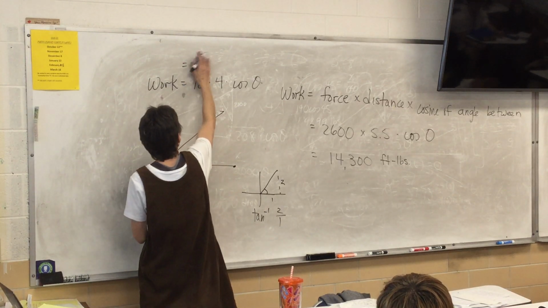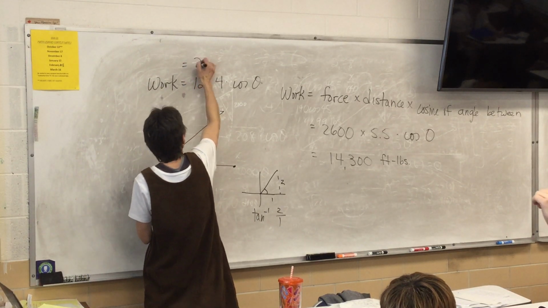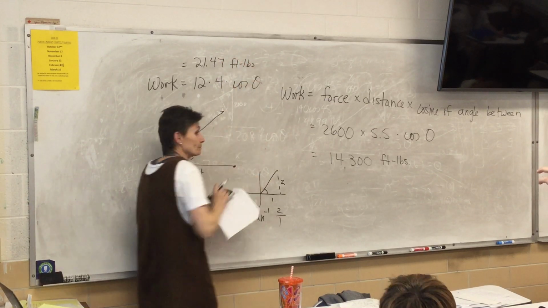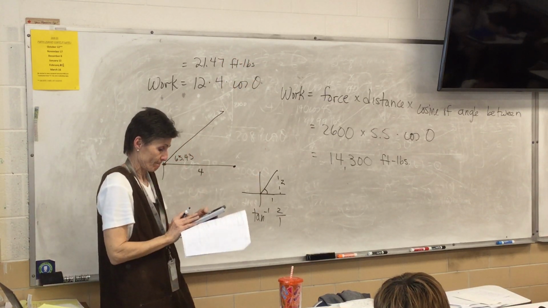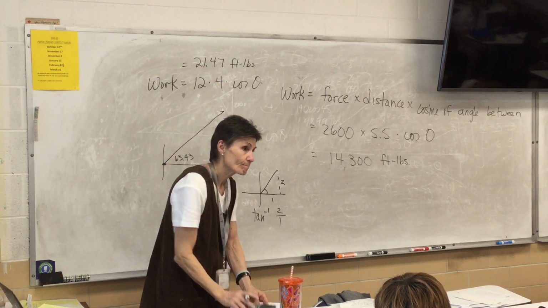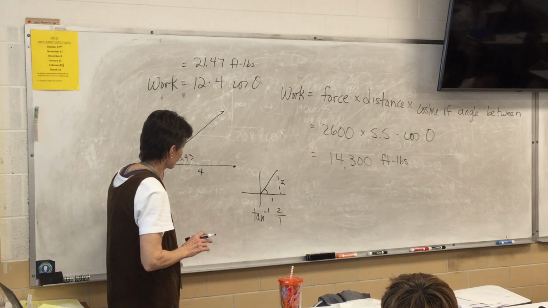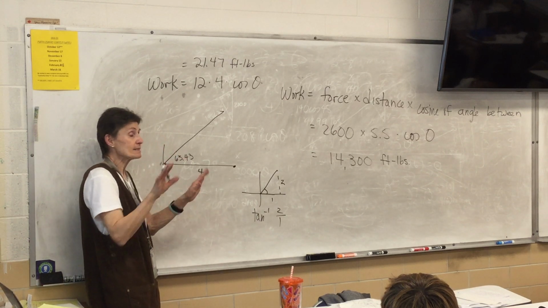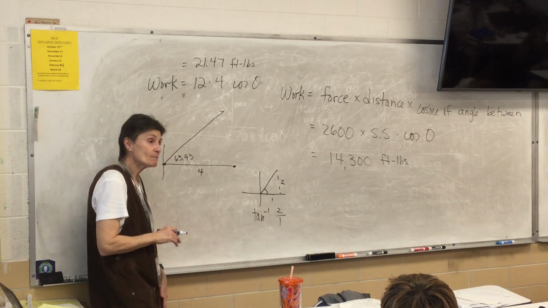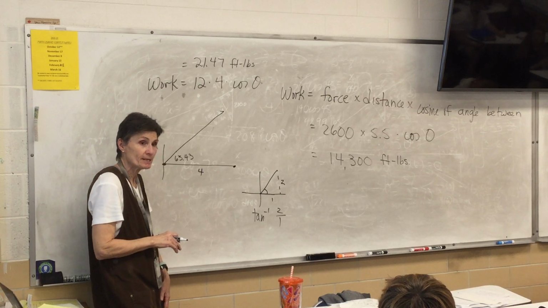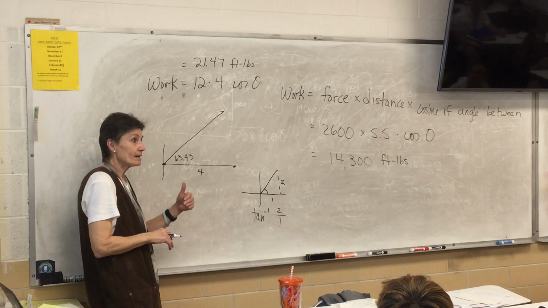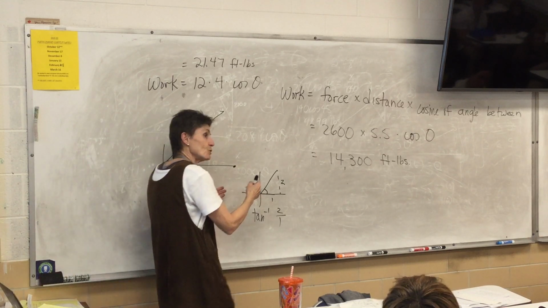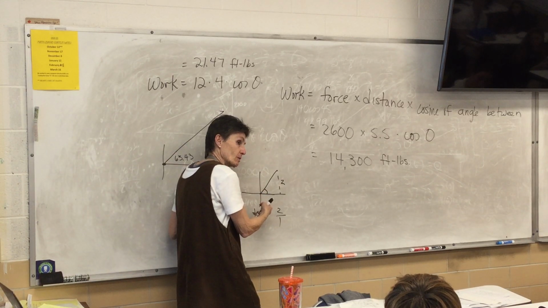What did you come up with? 21.47. Yep, 21.47. Isn't the cosine of that angle just 1 over root 5? Oh, wait a second. Sam says, wait a minute, Mrs. Ford, you already drew a picture of the angle.